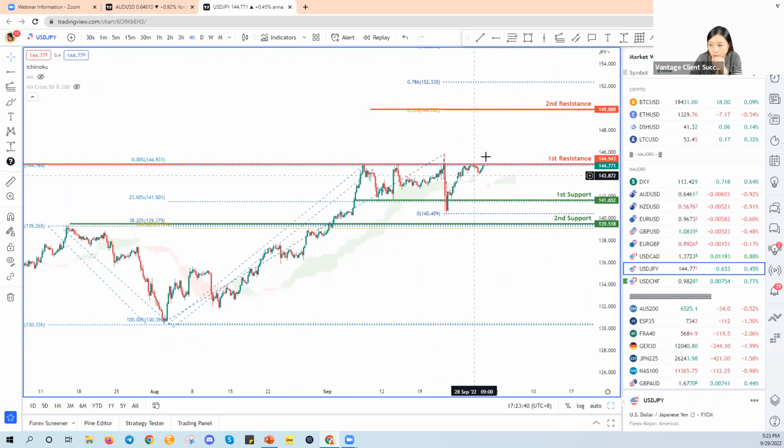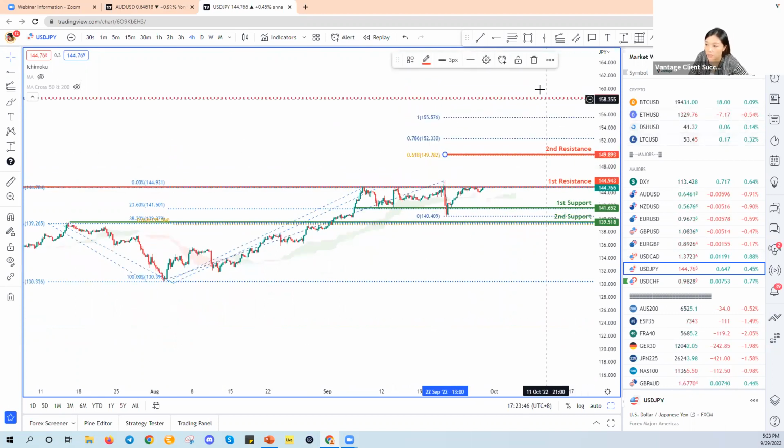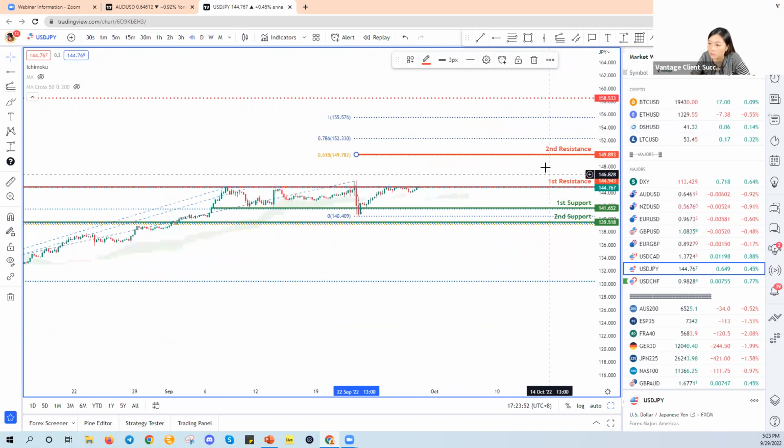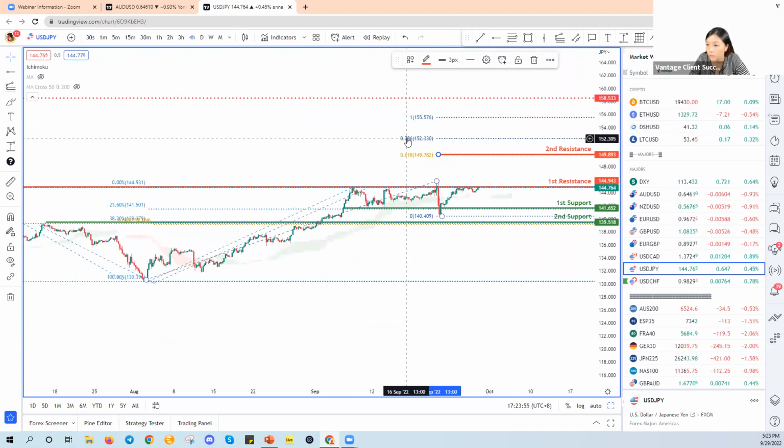And then the projection this way is at my second resistance. This would be more achievable than my previous 1990 high of 158.533, right? So my second resistance, obviously I'll put it here. Unless it breaks this level, then we will come to my 78.6 projection and my 100% projection before it can touch my 158. Okay.